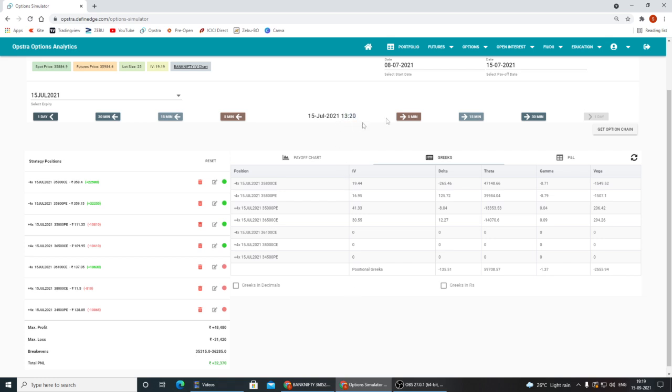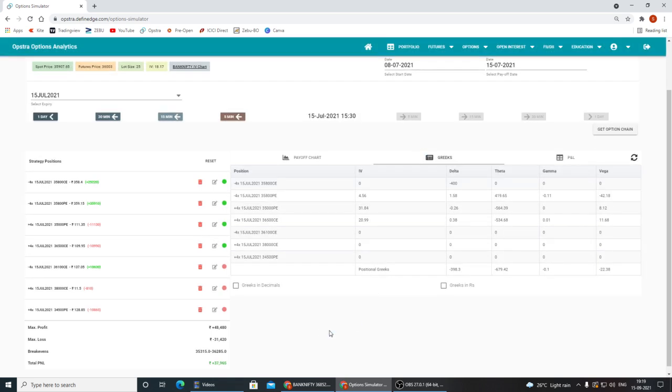Time is 2:50. Bank Nifty is at 35,870, 39,000 profit. We'll go to the end of the day. Bank Nifty at 35,900.